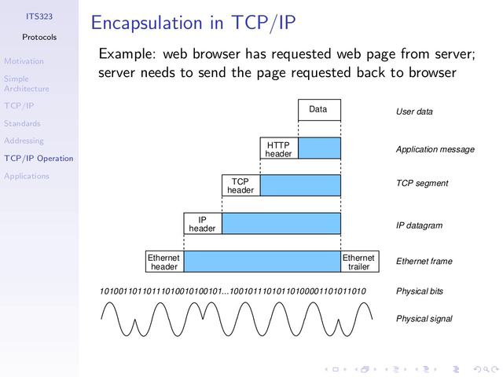What this is showing is how data flows through the layers from the transmitting computer to the receiving computer, and how different protocols take the data from the higher layer, encapsulate that into a packet, add a header on, possibly a trailer, send that to the lower layer to deal with.